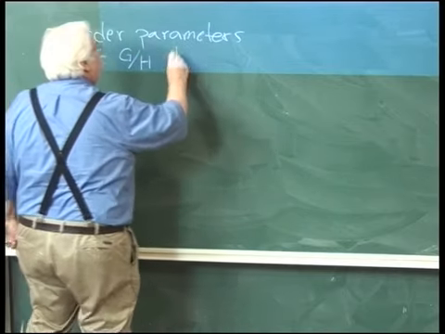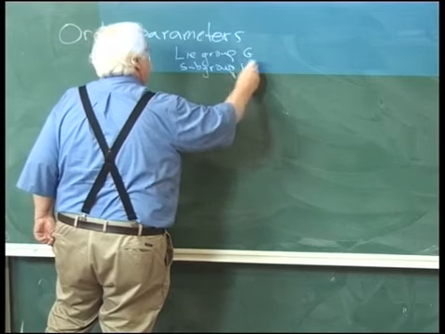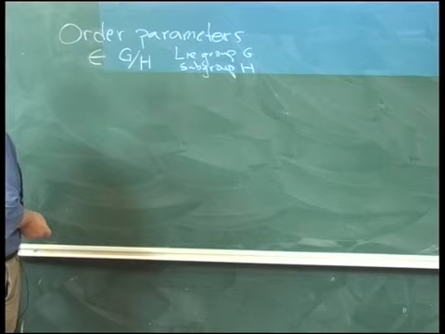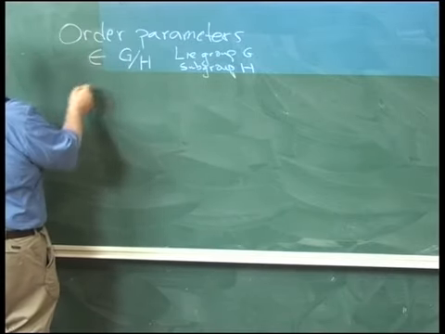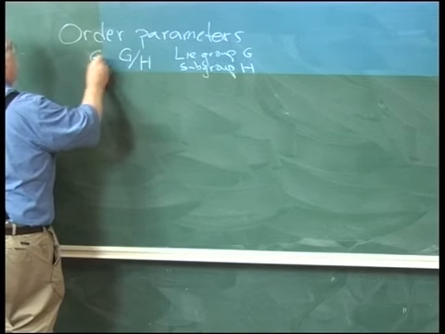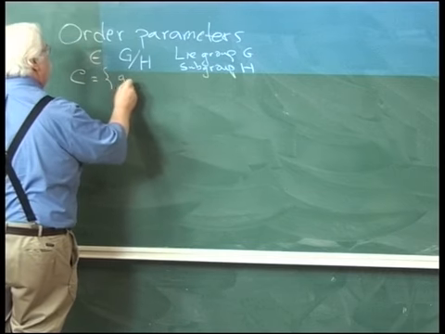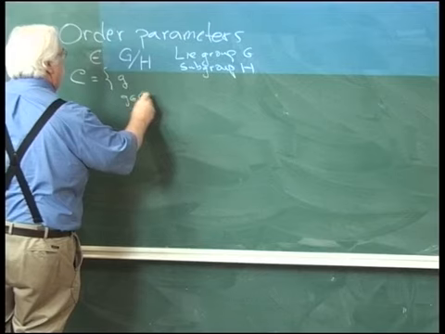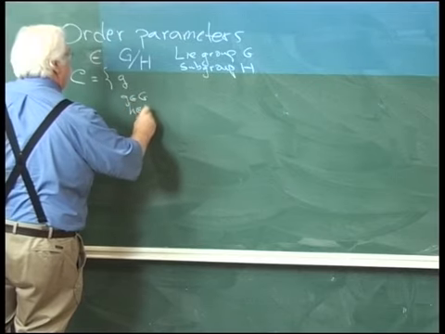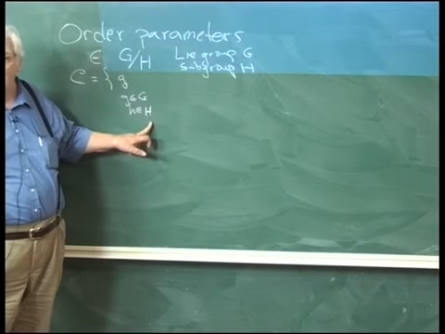So we have a Lie group G and the subgroup H. So let's call the coset space C, a space of G in big G and H in the subgroup, called in physics the little group, right?